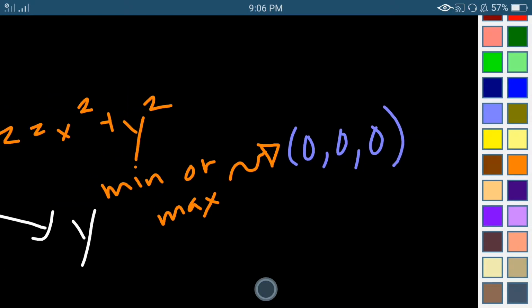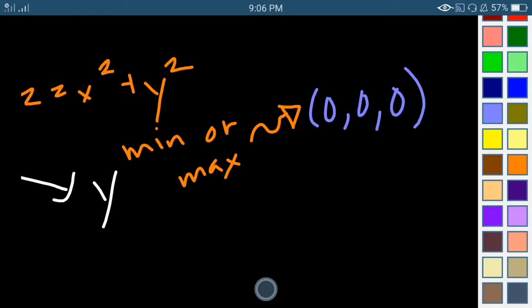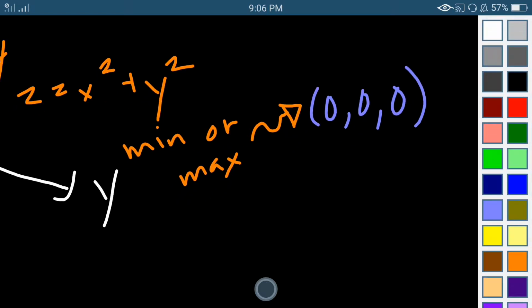Now all we have to do is take the second derivative again. Now I'm not gonna say the special case just yet, but let's just take the second derivative.